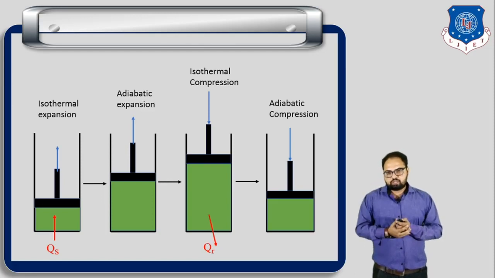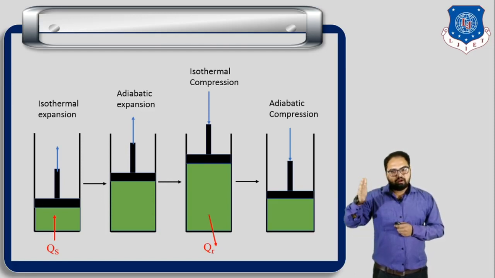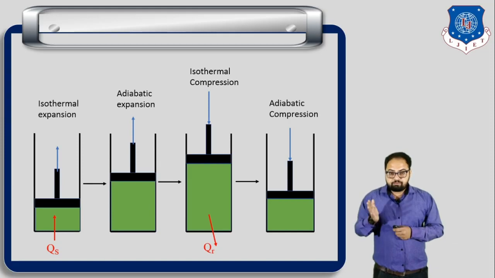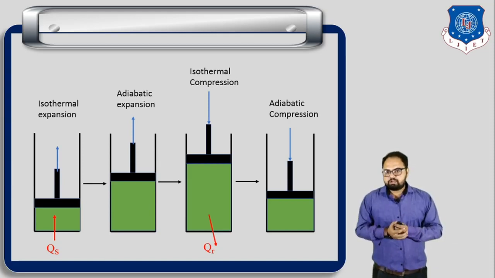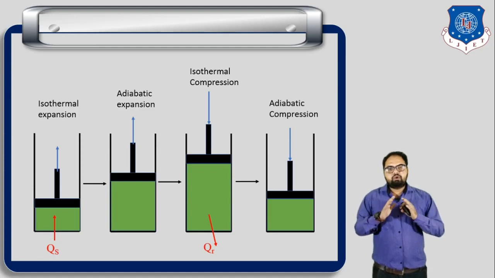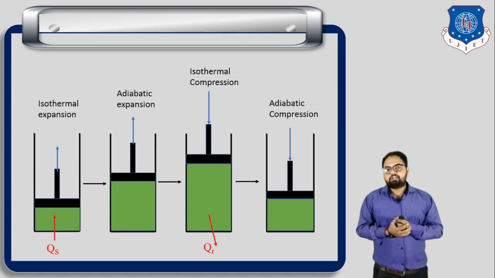During process 2 to 3, we remove the hot body and the adiabatic cover is brought at the bottom of the cylinder. When we take the adiabatic cover at the bottom of the cylinder, there is no transfer of heat during the process.